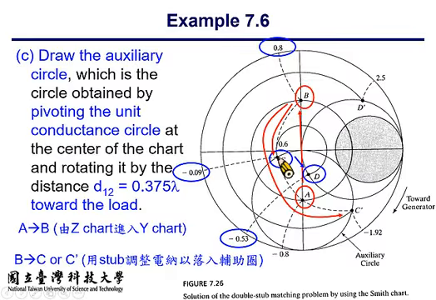And here is the intersection of G equals to 0.6 and the auxiliary circle. So from point C, you can find from the Smith chart the corresponding susceptance of point C, which is minus 0.08. So the total susceptance required to move from point C to point B to C is what?